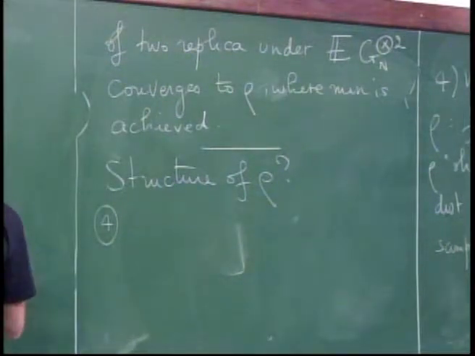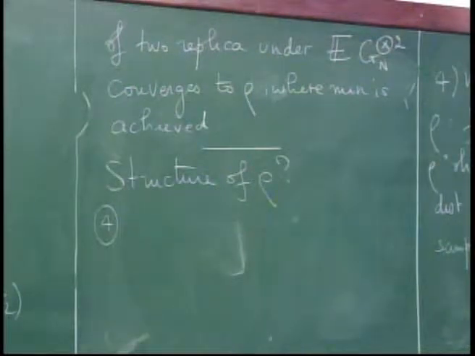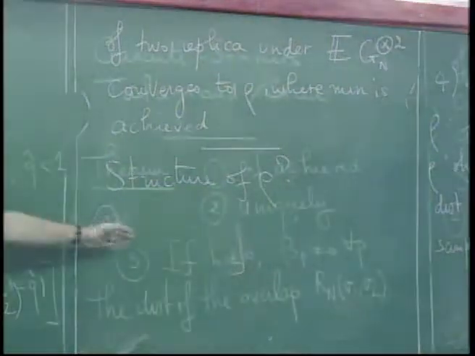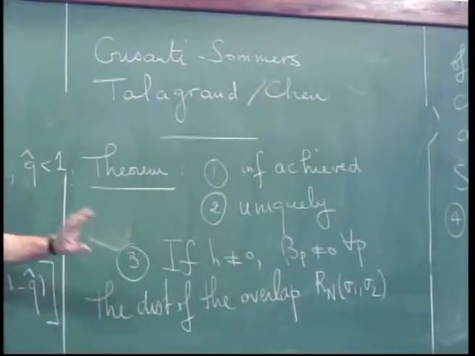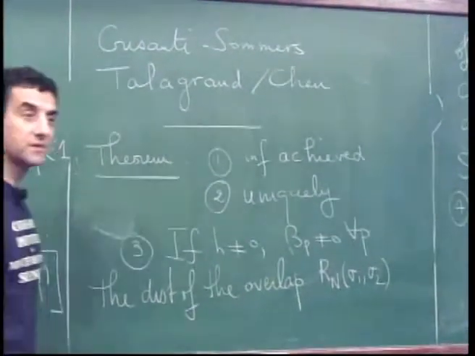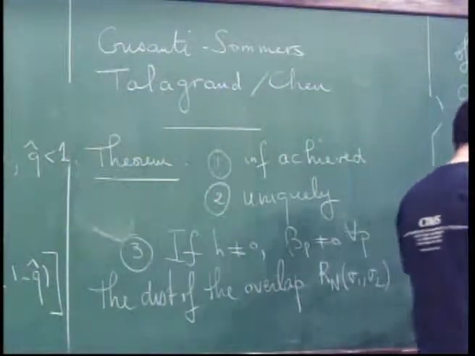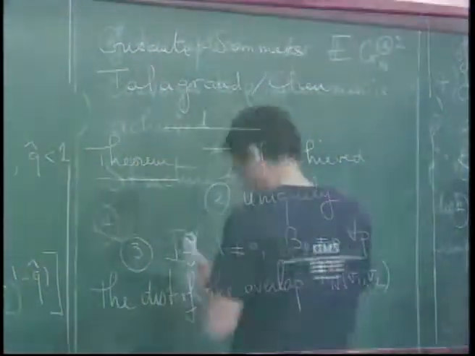We will see that this condition is not necessary, but that's what Talagrand proves. So it's a bit limited now, but we'll see why this happens. Then the distribution of the overlap converges to this. All right, so now what about the structure of rho?